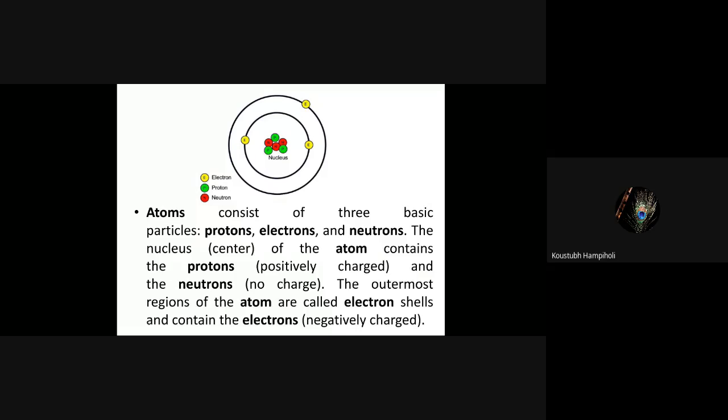Neutron has no charge, right? So the proton inside the nucleus is our positive charge, and the one which is revolving, the electron, is the negative charge. Among the positive charge and the negative charge, if any one of them is removed or added, then it forms something called charge.